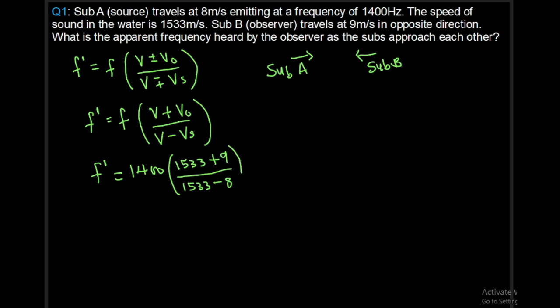All right, so we just put this in our calculator and we get our final answer. So if we use our calculator to check this out, we're going to have apparent frequency equals 1415.61 hertz.